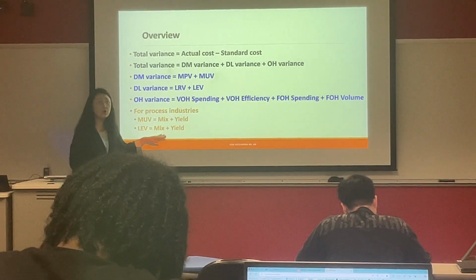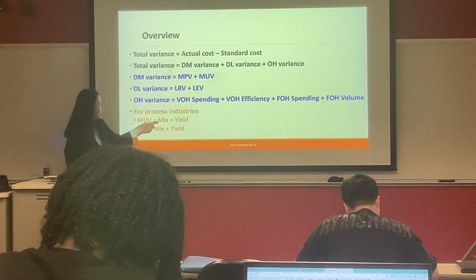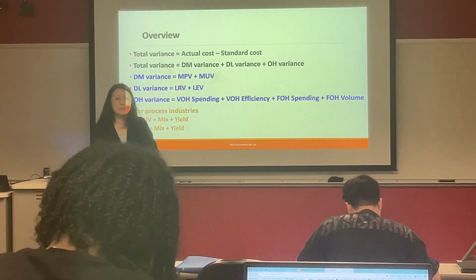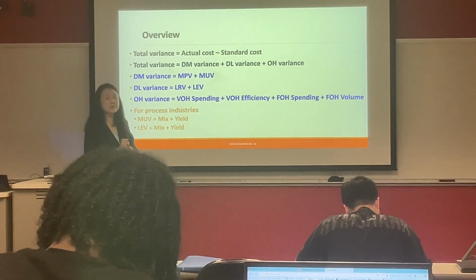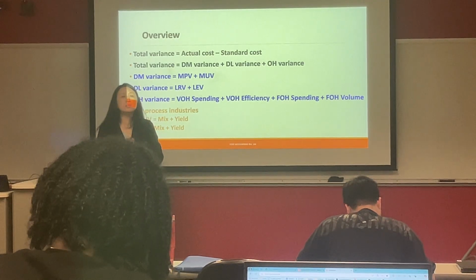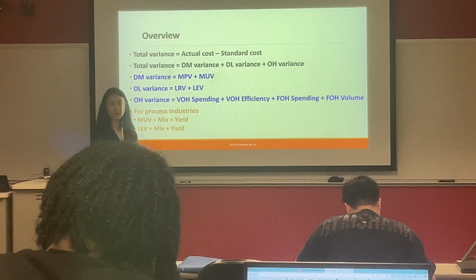Then the third layer: if you go to the process industry, they mix different labors and different materials all together, so it's really difficult to figure out what percentage of the labor and material you use. In that sense, we look at the mix variance and the yield variance.